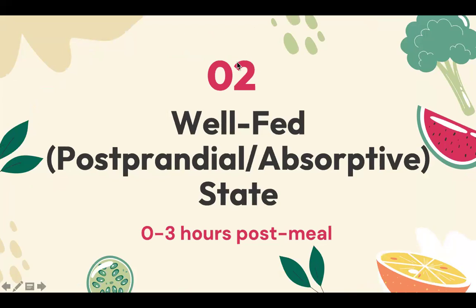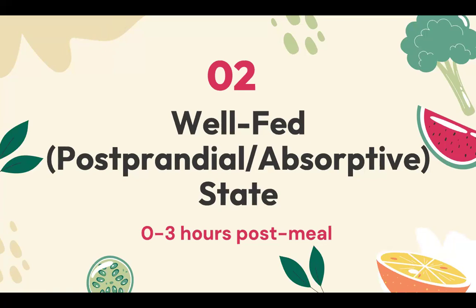Now let's start with the first phase of the feed-fast cycle, which is the well-fed stage. When you take in a meal, 0 to 3 hours after the meal, we have excess glucose in the blood, right? What would that do?